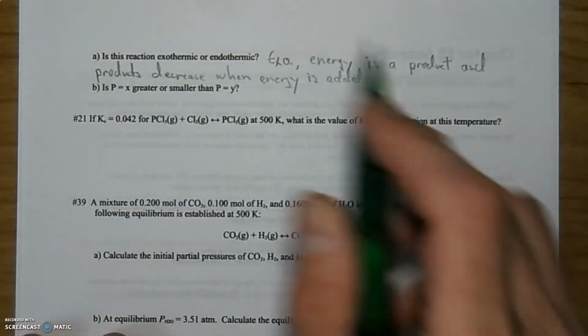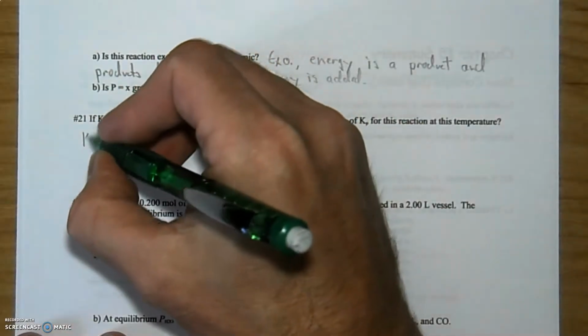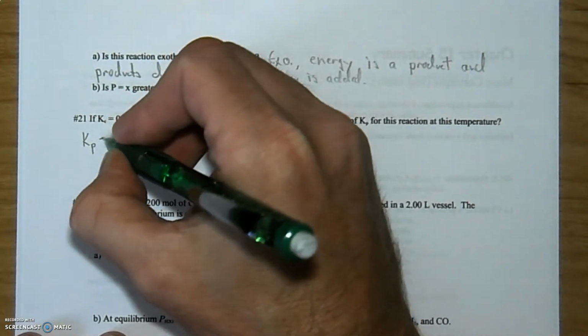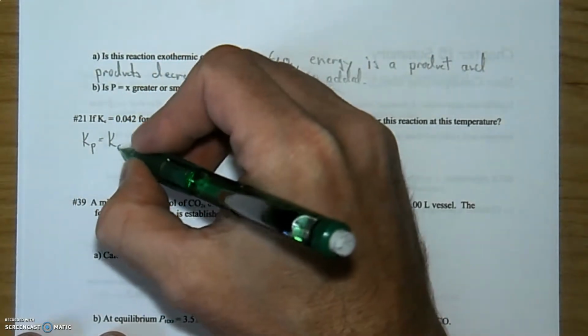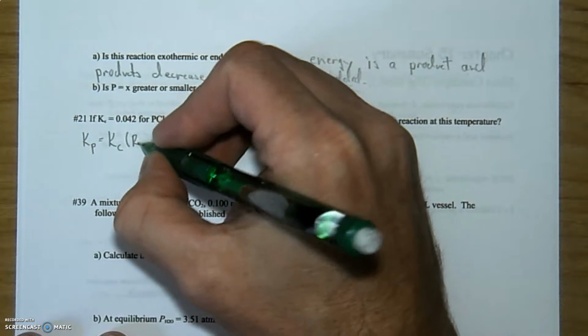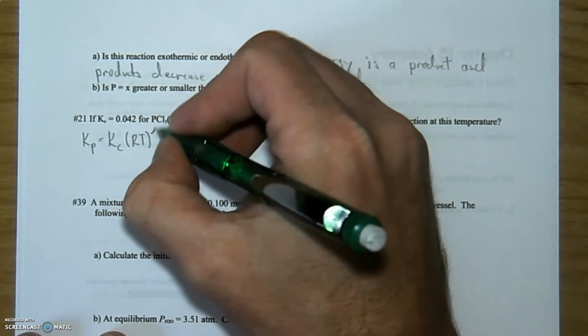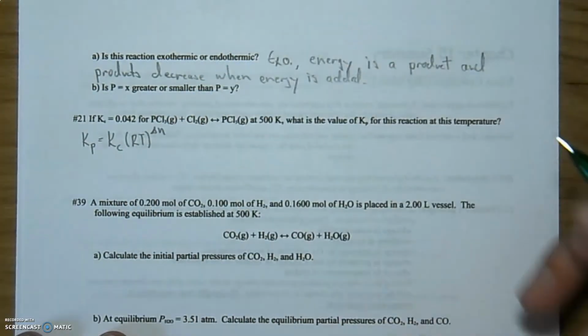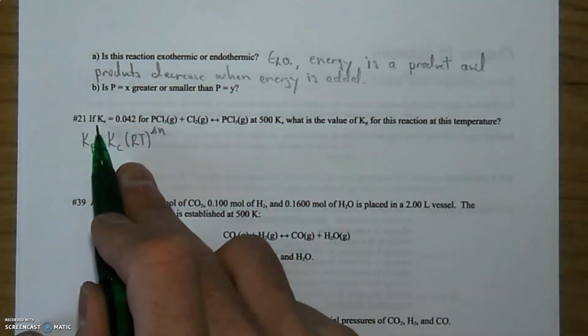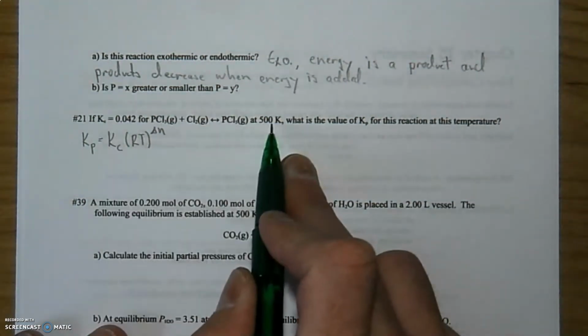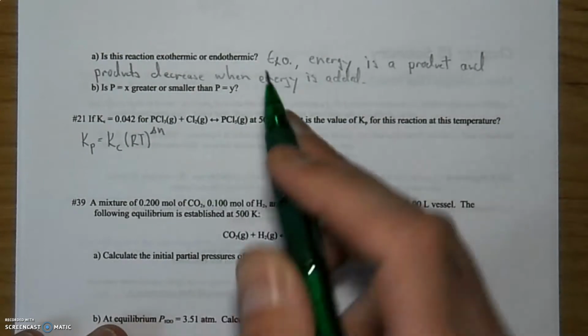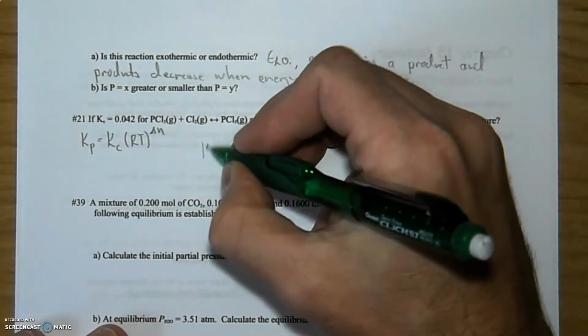Let's see if we can put this together. Again, the equation we have is Kp is equal to Kc (RT) to the delta n. And we know what Kc is. We know what the temperature is. We have the equation right here. This should just fill itself in.